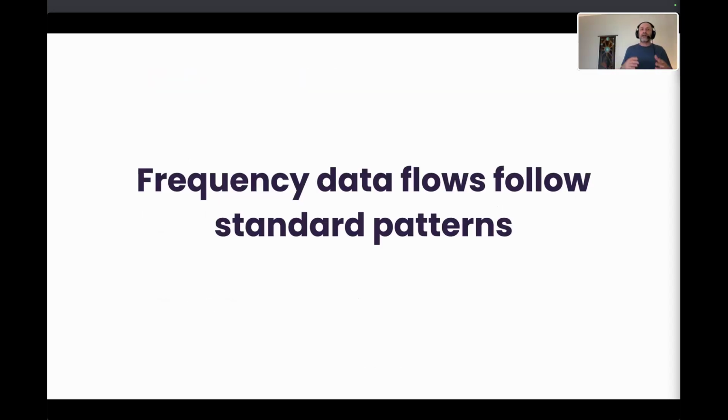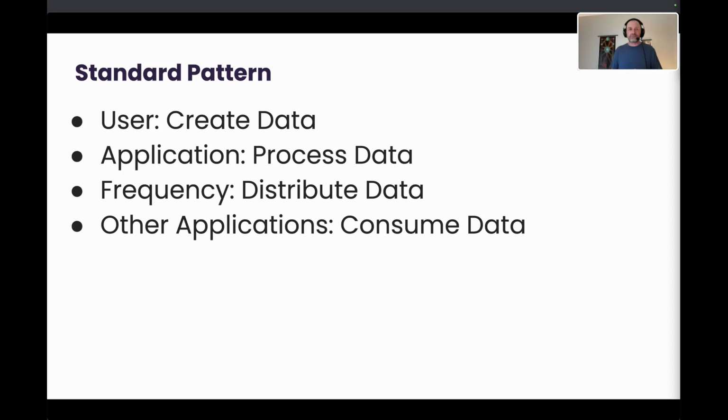In the end, the data flows follow a very standard pattern, right? The user creates some data, the application is going to process that data, Frequency distributes the data, and other applications consume this data. And all that data is specifically on a schema or matching a schema.